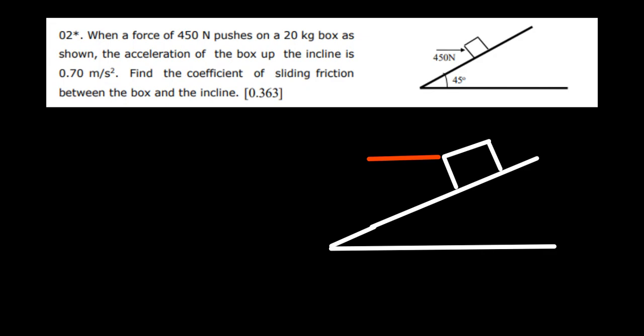If this is the center of the box, it is going to have a normal force going up, so let me indicate the normal force, going up in a straight manner. Then it's also going to have a weight going in this direction, pulling it downward like that. These are the forces acting on this object.